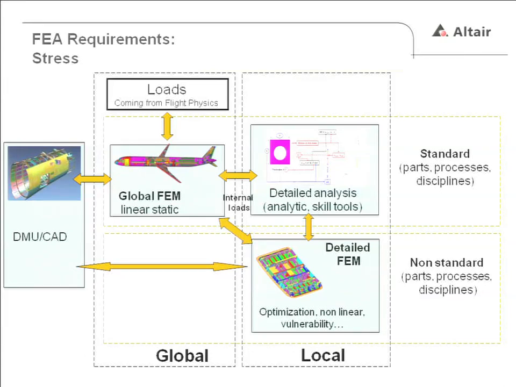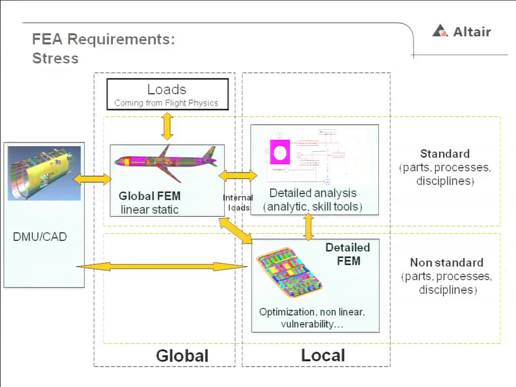While they're working with the CAD group all the time, represented on the left-hand side, the aero group, or the guys that run CFD, will produce loads for the aircraft, usually at the system level, but occasionally at a component level. And down at the bottom, you can see global and local, but I think of global and system level as the same thing, and local and component level is the same thing.